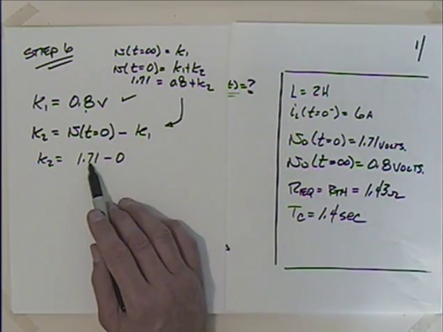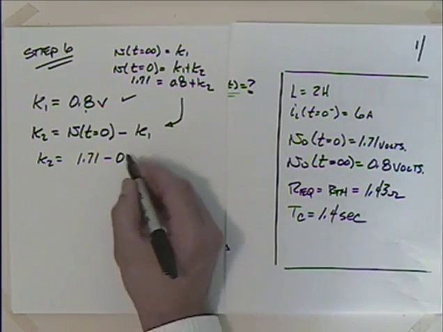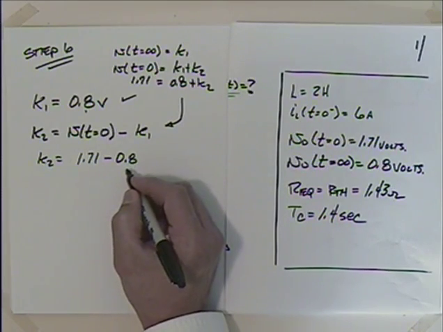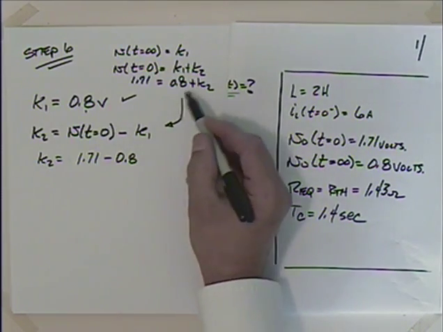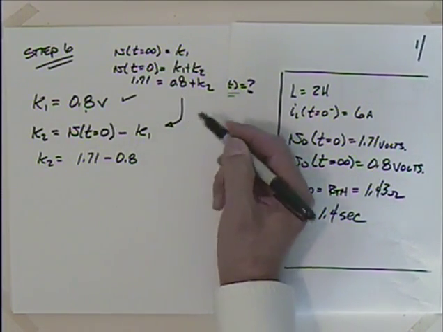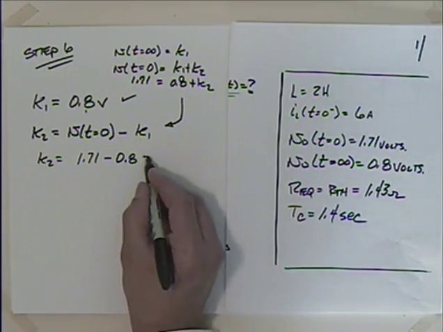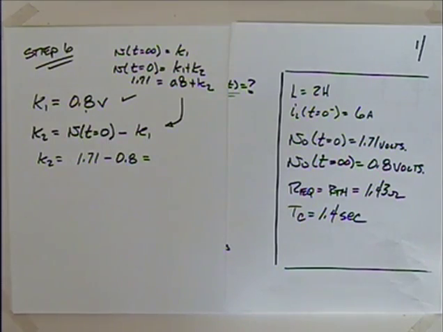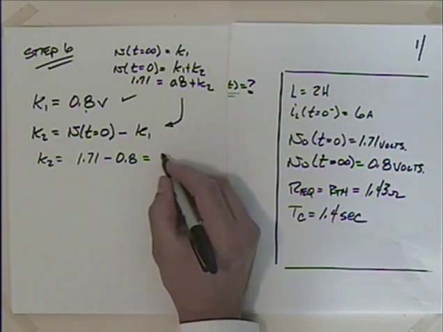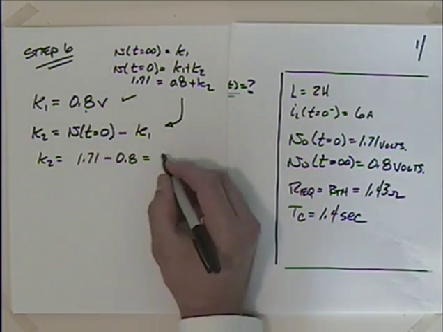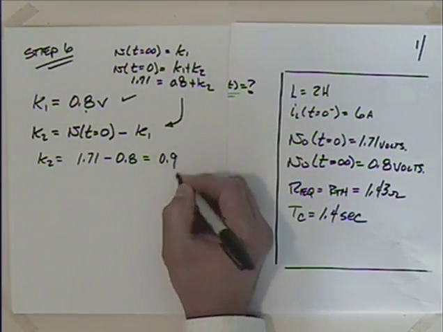So 1.71 minus 0.8 is equal to K2. Yeah, I was just rearranging this equation here. Good. Okay, so when I go through that, what's that turn out to be? 0.91, 0.91. We've got 0.8. Why don't we just call that 0.9?